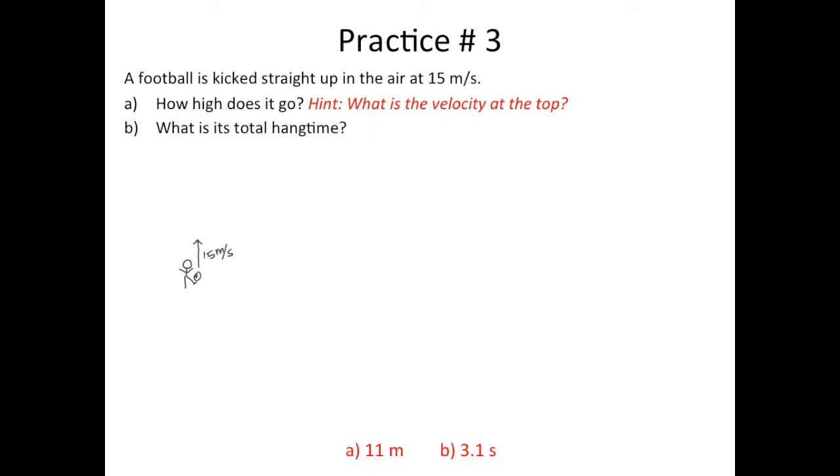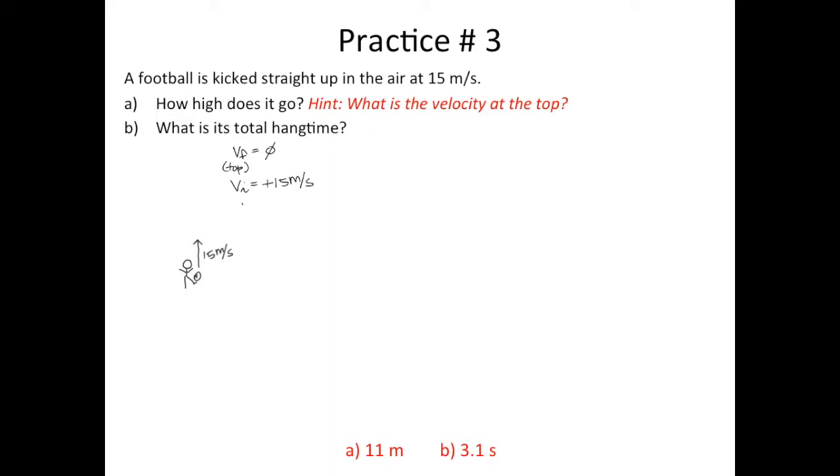In order to solve this problem, you need to think, what is the velocity at the top? Well, if you remember from our notes earlier in this lesson, we said that the velocity at the top, so we're going to call that v final, is 0. So this is at the top. Now we already know v initial is positive 15 meters per second.